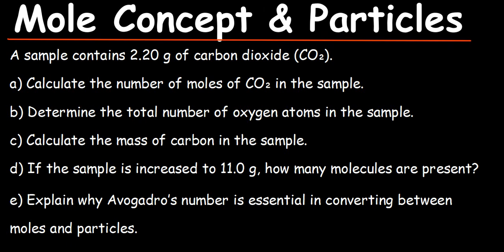Okay, so let's start with the first part. We've been given 2.2 grams of carbon dioxide, and we're told to calculate the moles. Now, how do we do this? The moles of carbon dioxide: what is the molar mass, first of all?